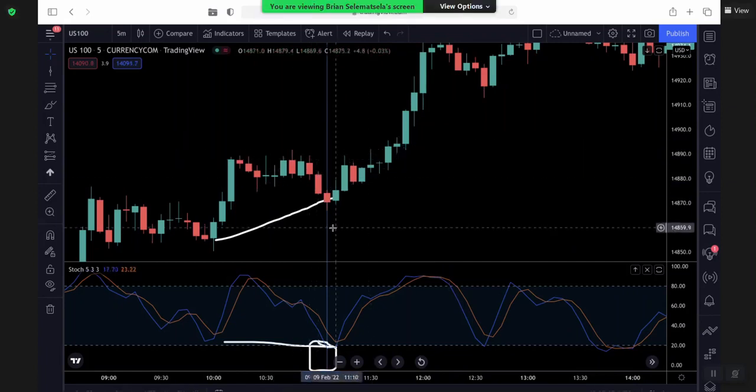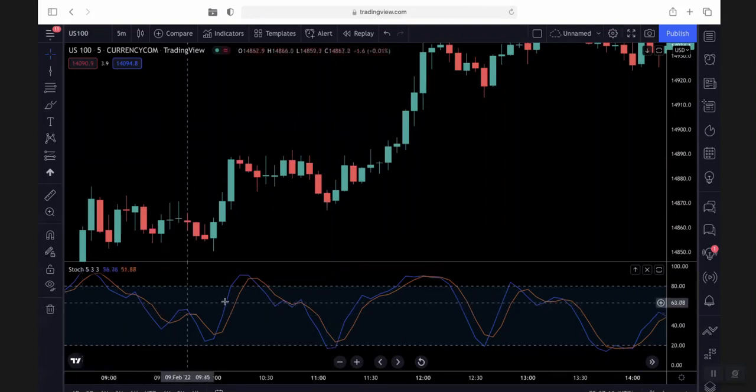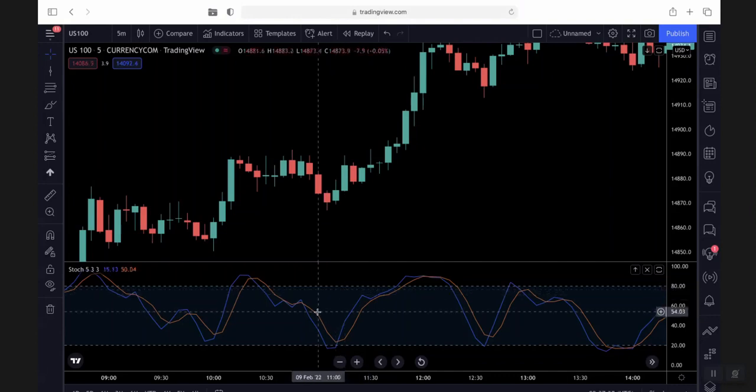With the example that I made before this one, 2 different time frames were showing different things. The 1 minute was showing us it's at the oversold, so we have to buy, and the 5 minutes was showing us that we have to sell at that particular time. So they were quite different.